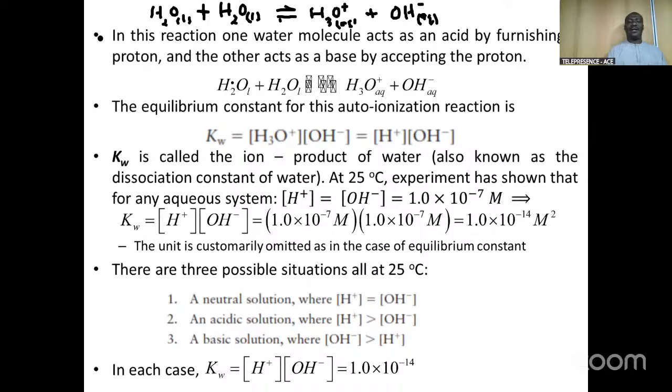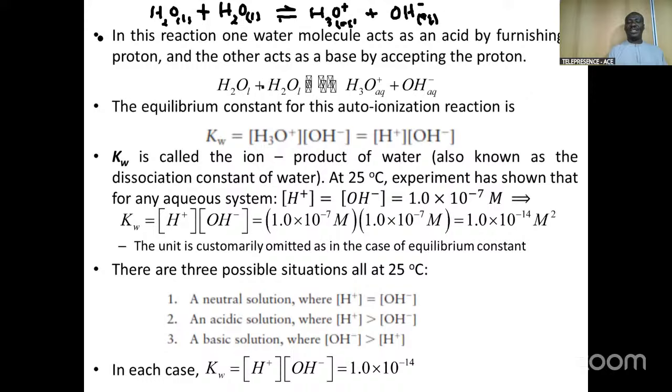Now, the equilibrium constant for this reaction is called the ion product of water. Okay, ion product of water, and that's what you have here because, like I said, it's a very, very weak reaction.